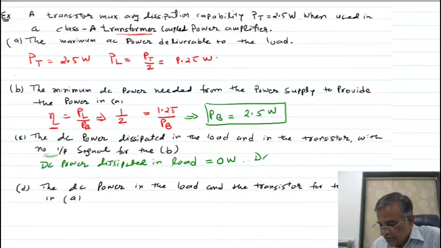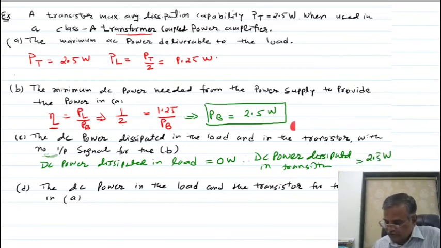Therefore, the DC power dissipated in transistor is equal to 2.5 watt. In the previous problem, half of this power was dissipated, but in this problem, since the primary resistance of the transformer tends to 0, ideally it is 0.